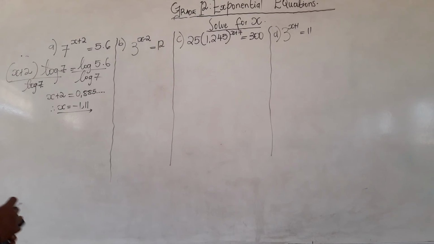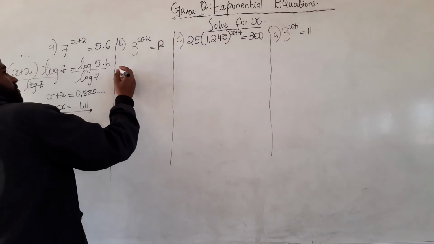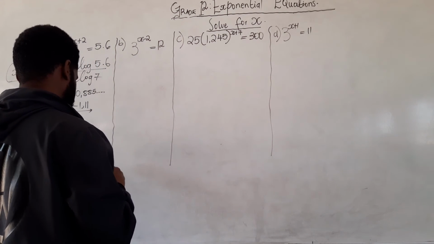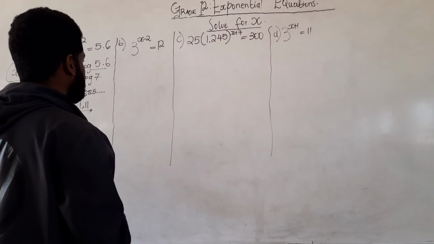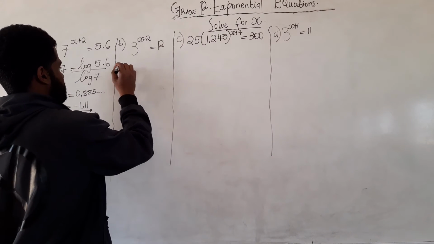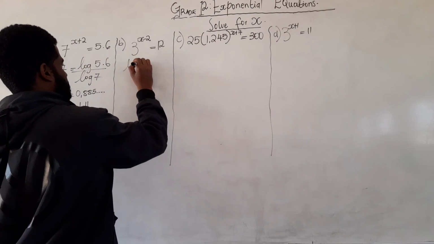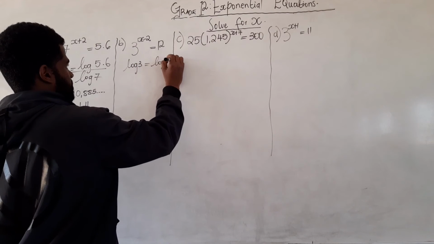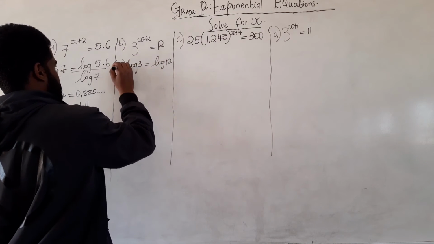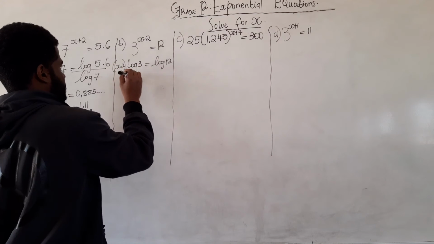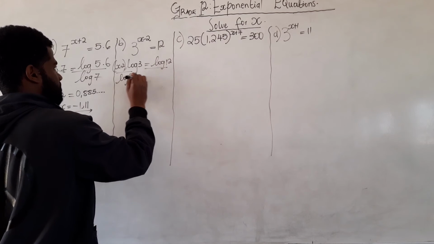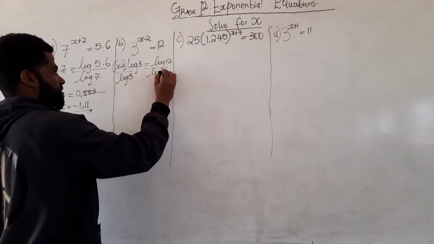Our second question: 3 to the power x minus 2 is equal to 12. We cannot factorize 12. Therefore, we log both sides, log 3 to the power x minus 2 is equal to log 12. We put our x minus 2 inside brackets, and then we divide both sides by log 3.